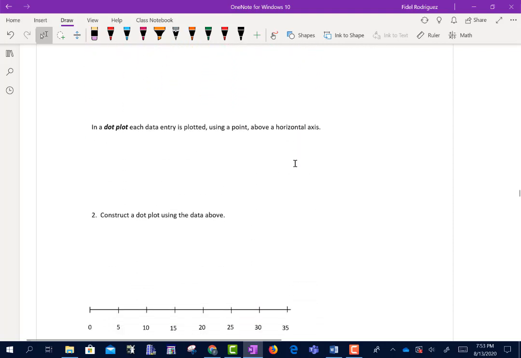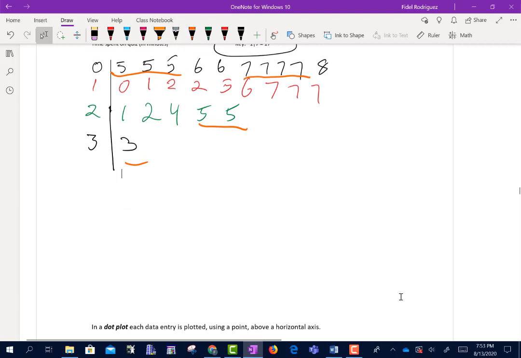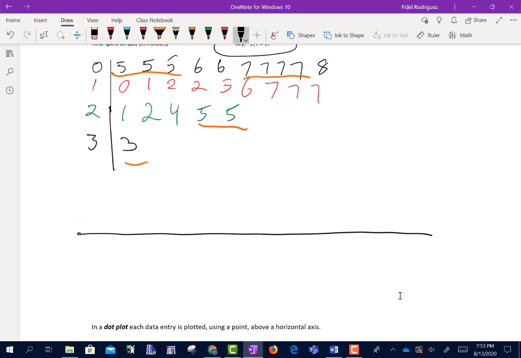My number line goes 0, 5, 10, 15, all the way to 35. So here is what we call our dot plot: 0, 5, 10, 15, 20, 25, 30, 35.